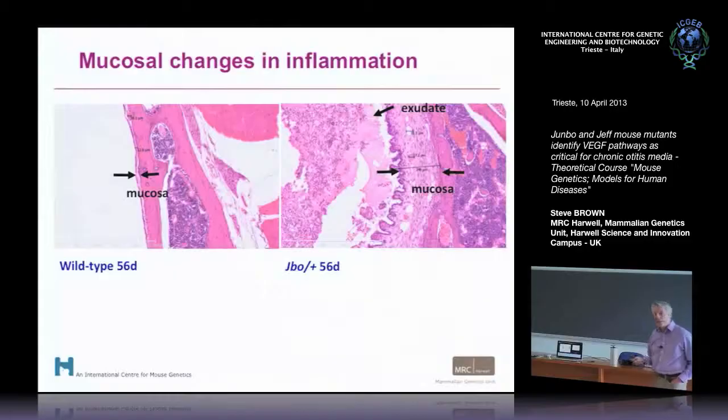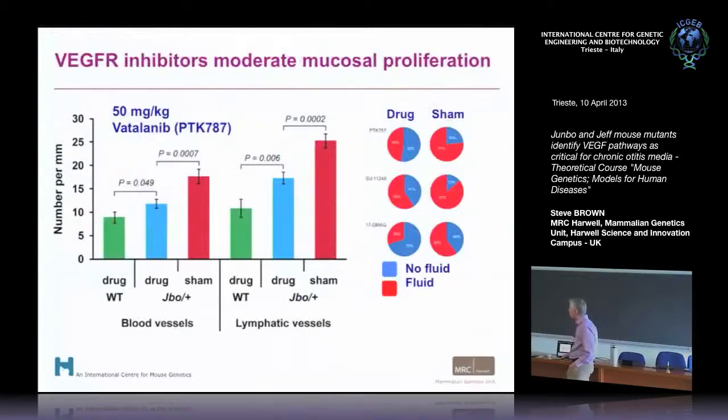And the question is, did we see improvements over that time period between 28 days and 56 days in the inflammatory condition of both the middle ear cavity and the mucosal epithelial lining? And the answer is yes as well. These drugs moderate mucosal proliferation as well. And again, what you need to do is compare particularly the sham-treated mice with the drug-treated mutants.